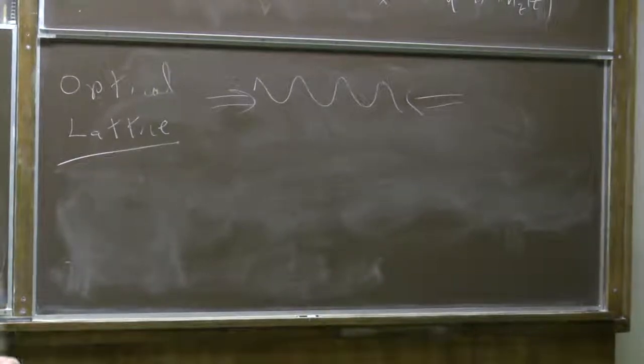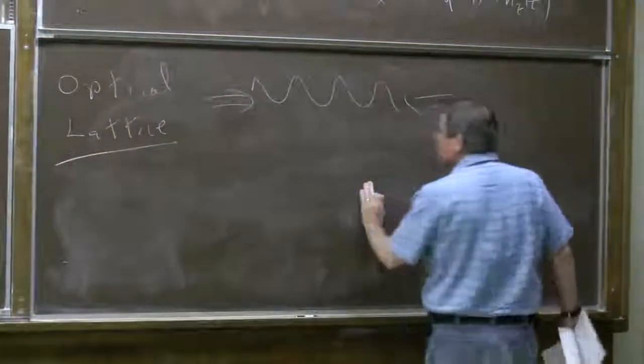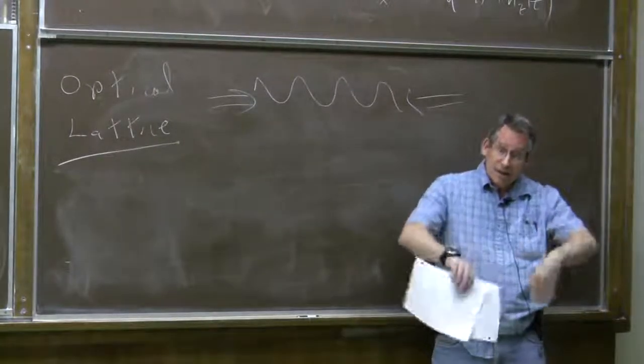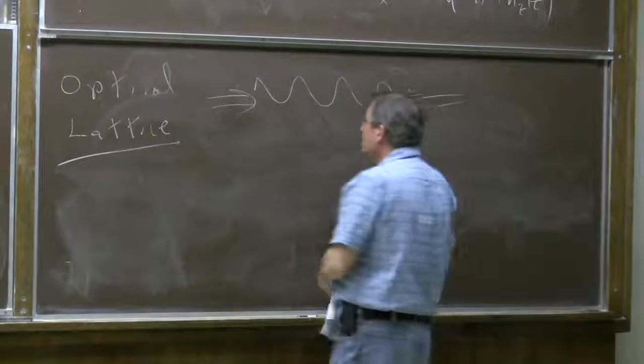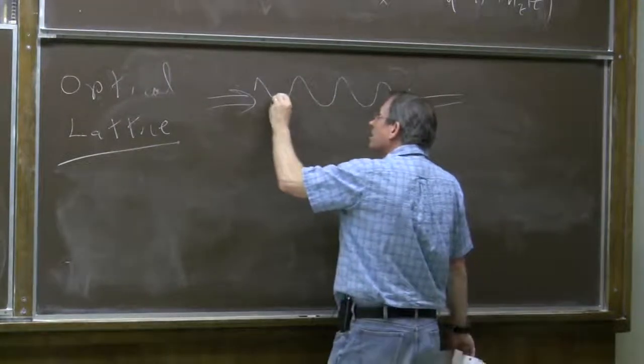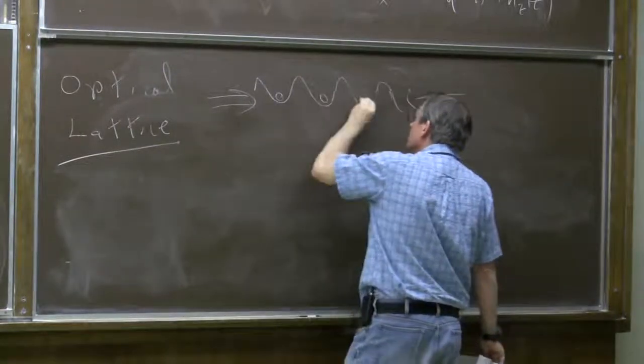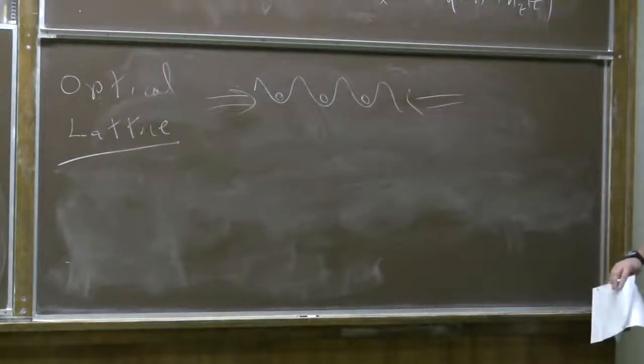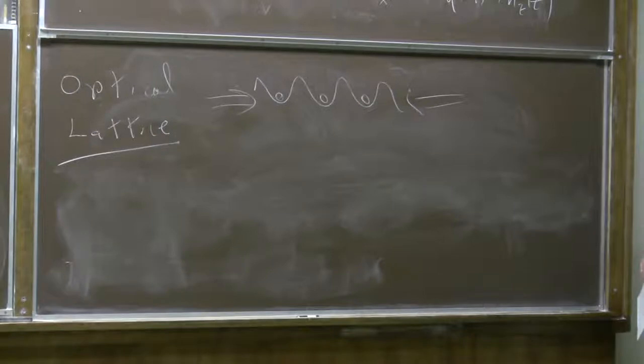And if you turn on such an optical potential or optical lattice, starting with the Bose-Einstein condensate, turn it on slowly, this evolves to a kind of crystal which has, if you do things right, 1 atom per potential minimum. It's like a kind of synthetic crystal.